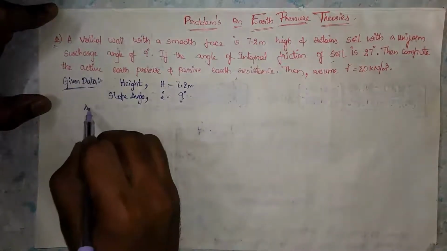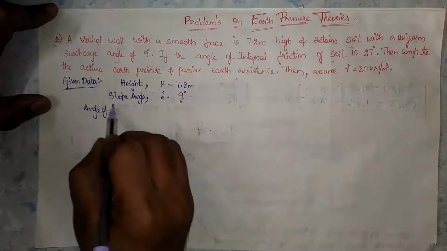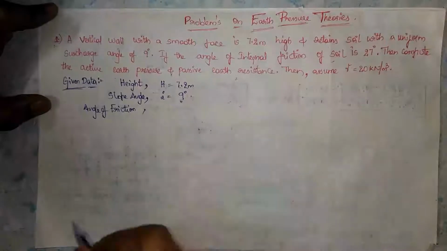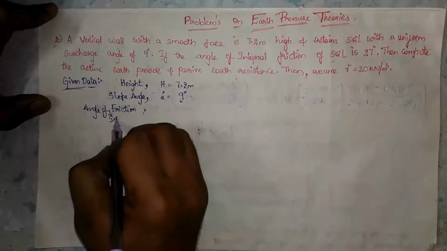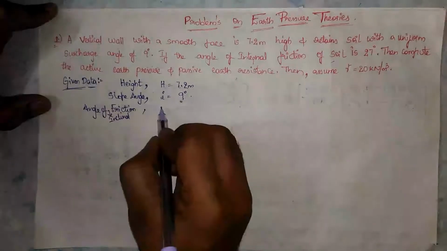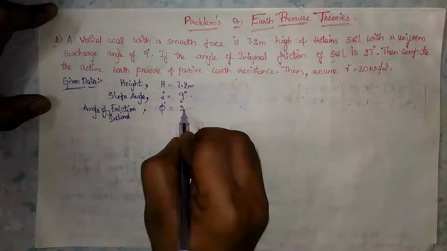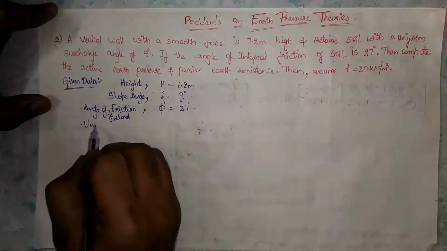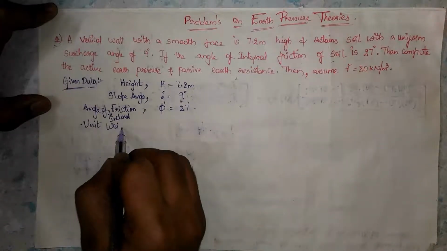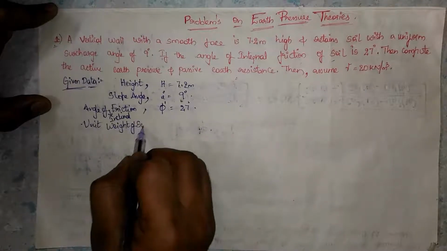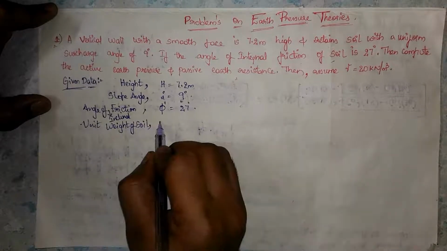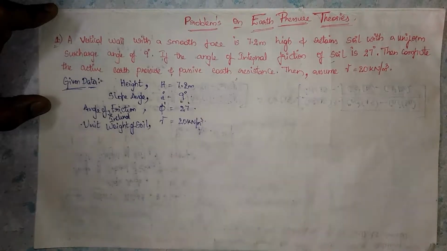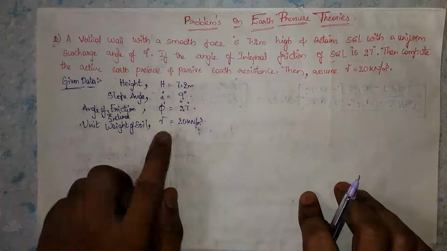The angle of internal friction phi dash equals 27 degrees. And the unit weight of soil is 20 kilonewton per meter cube. So we have directly written the given parameters.